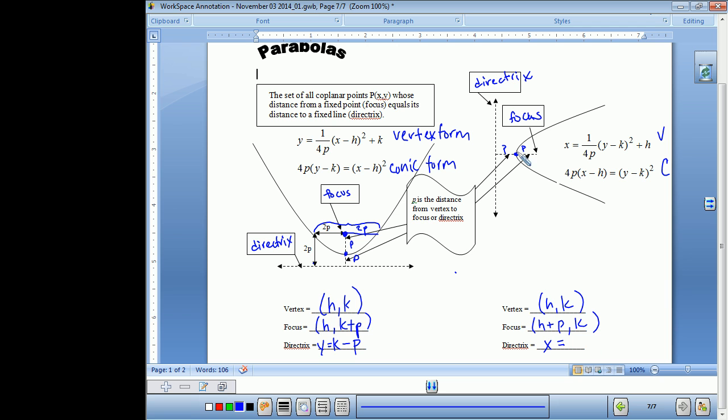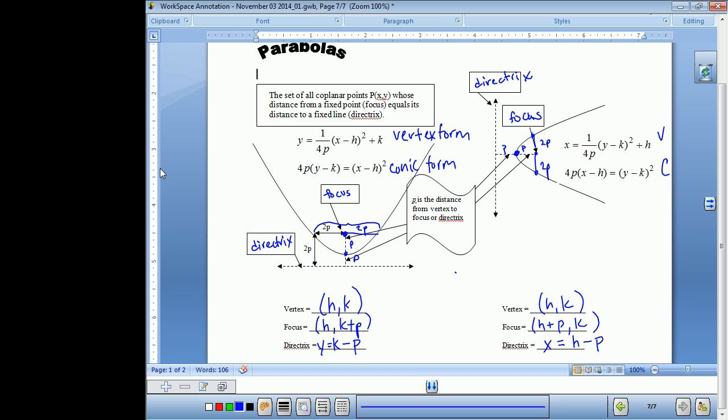The directrix is h minus P. That takes it back. And once again, if we knew the vertex and P, we could plot the vertex, plot the focus, and then go 2P in either direction to get those extra points.